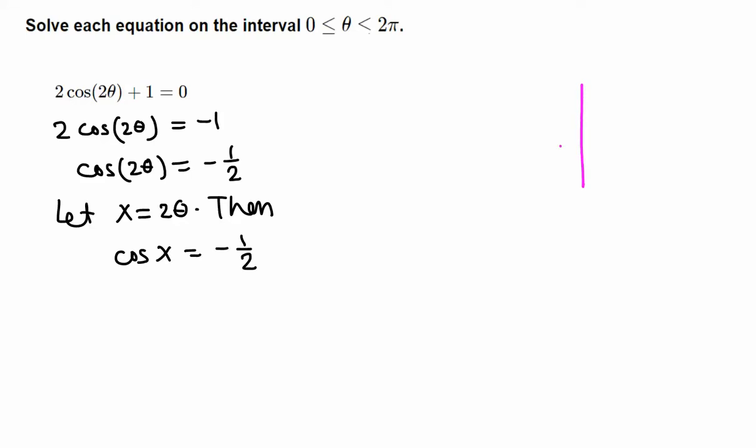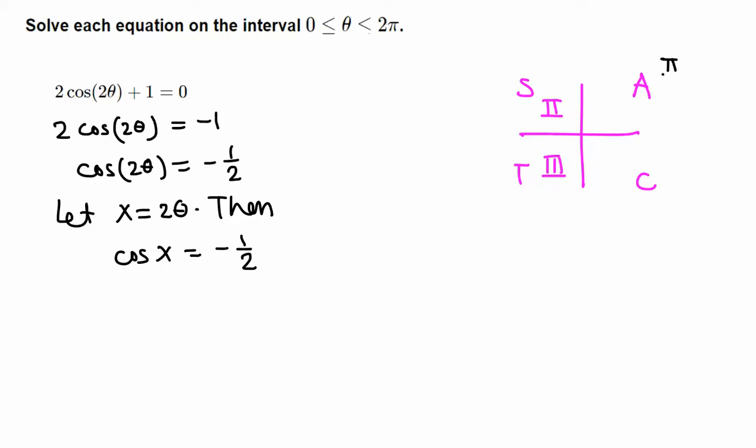Okay, and we have the quadrant rule, all students take calculus. So cosine is negative in the second and third quadrants. Without the negative sign, the reference angle: cosine of 60 degrees, pi over 3, is 1/2.